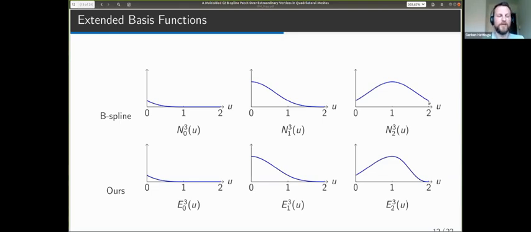In this case, ribbons from distant sides of the patches, so on the opposite of the patch, will interfere with this. So what we did, we created the extended functions, which are the same for the first 2 functions, but for the last function, we make sure that also at the end of the interval here, its value is 0, and also the first and second derivative is 0, so that differentially it also doesn't influence the distant sides of the patches. And this is also true for the first 2 functions.